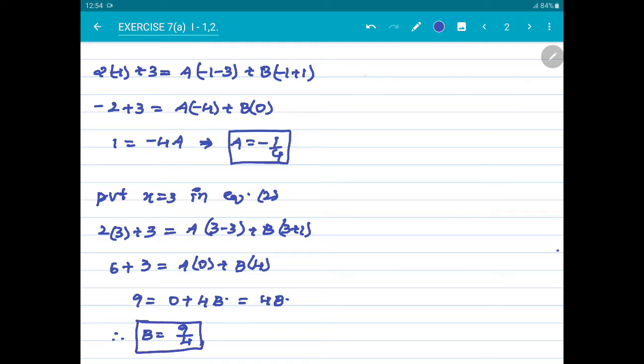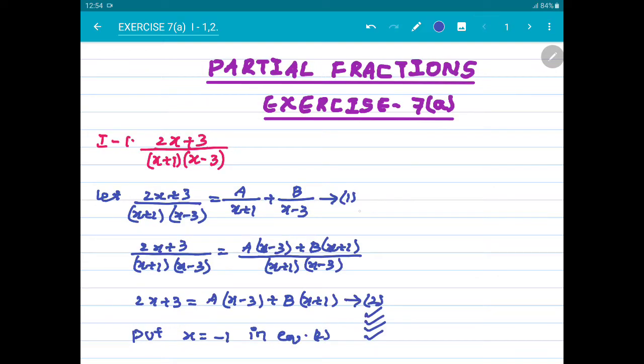Now put the a, b values in equation 1. Equation 1 is this one.